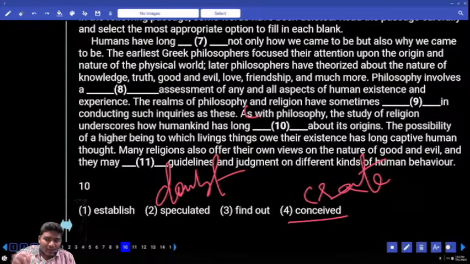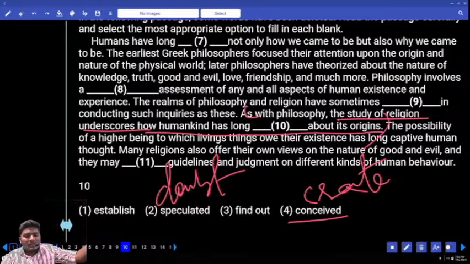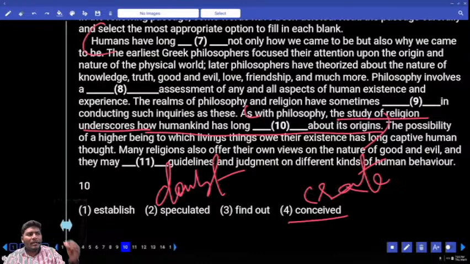As with philosophy, the study of religion underscores how humankind has long dash about its origins. Now since a long time, see, in the beginning only we have seen, are the human beings exactly clear about how human beings evolved, or are they doubtful? They are all doubtful. They are still thinking. They kept on thinking. Now which one is correct here? They have speculated or conceived?